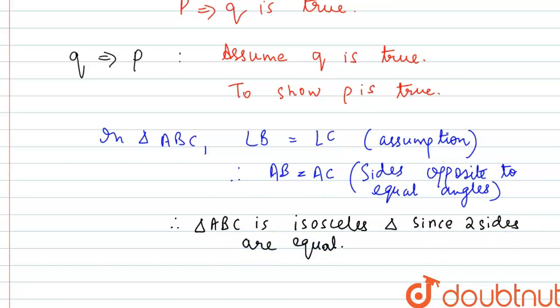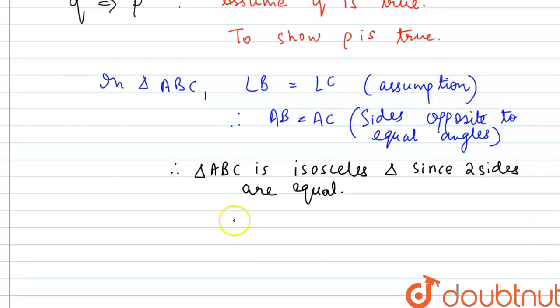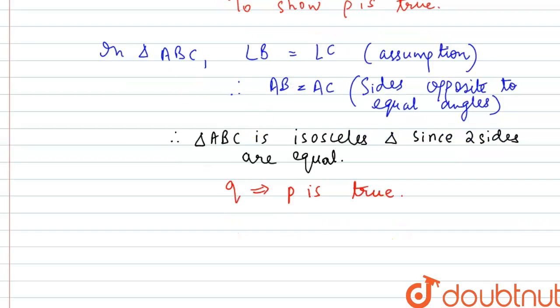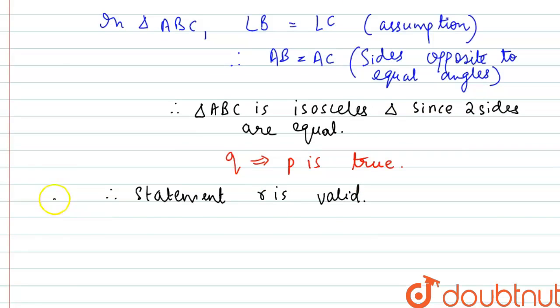So thus from this we have proved that Q implies P is true. So now we have proved that P implies Q and Q implies P both is true. Thus we can say therefore statement R is valid. So this question is complete.